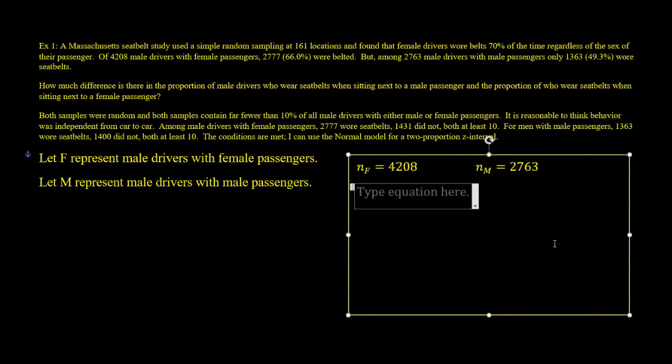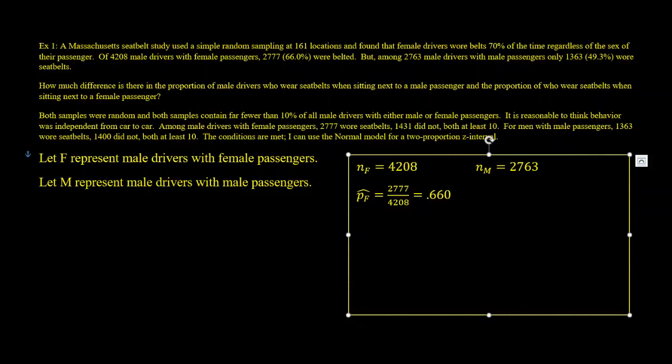In the future, it's really going to be easier just to list the statistic, but p hat for females is 2,777 over the sample size of 4,208, and as he gave us this percentage, it's 0.660.